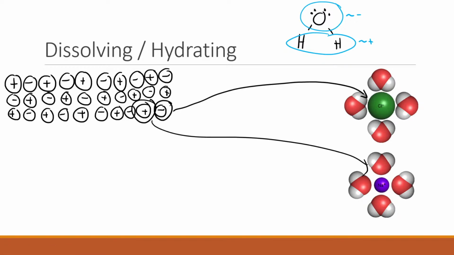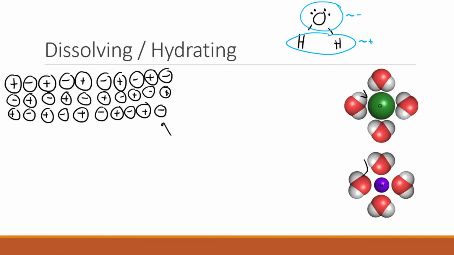But it can only do this because of its polarity. Because water is polar, because it has these partial charges, it can interact with these charged ions. If these things weren't ions, if they had no charge, if they were just non-polar pieces sitting together, water can't pull this apart.